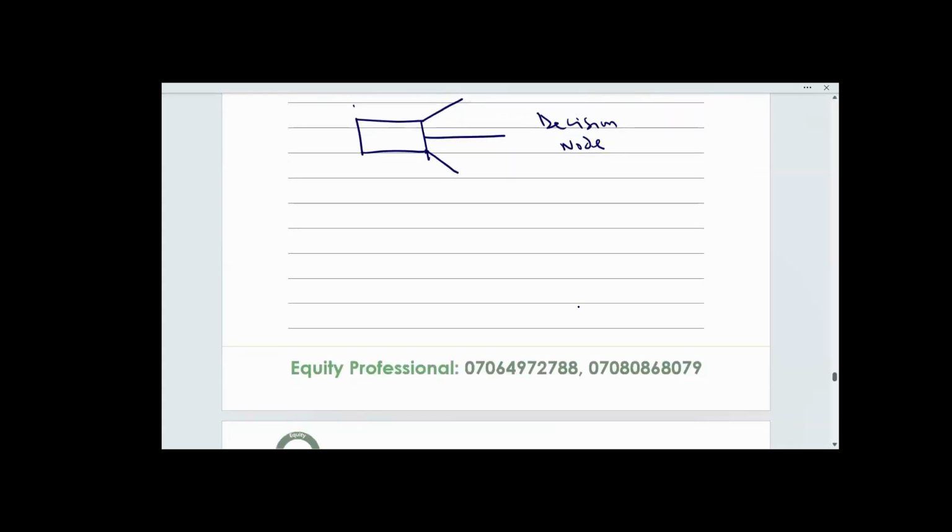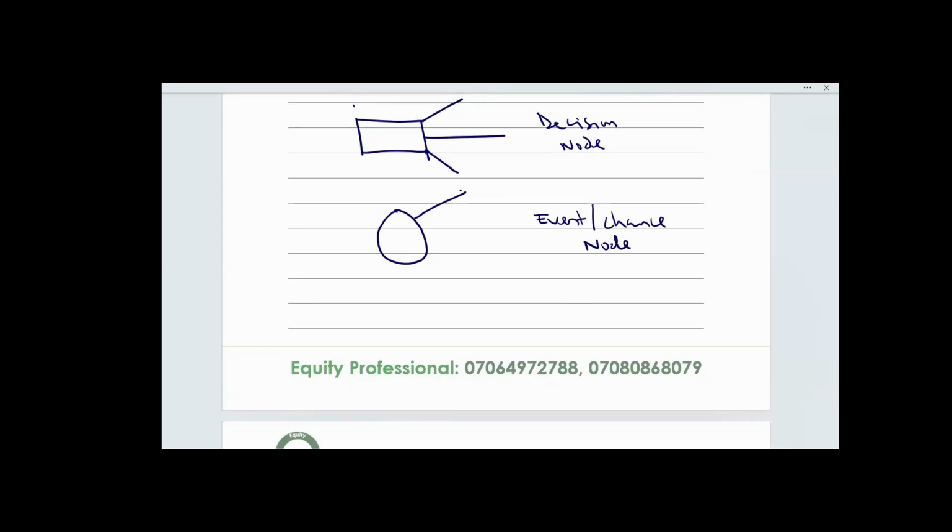The second node is the chance node. Again, the chance node is also known as the event node. This is where you have the state of nature.